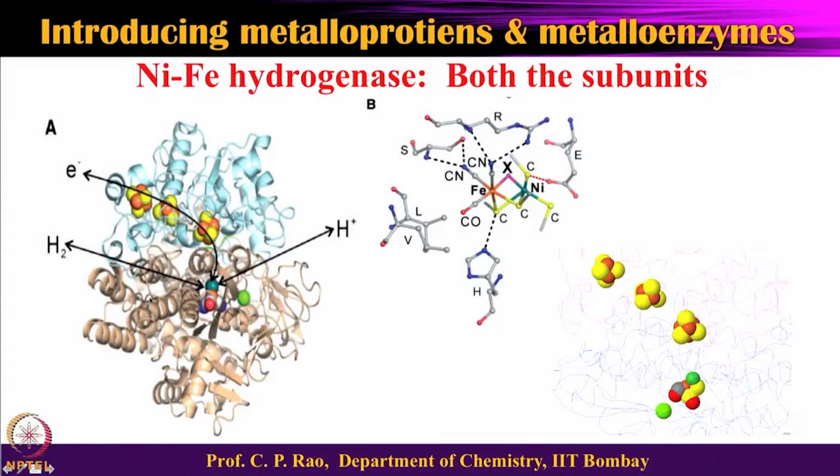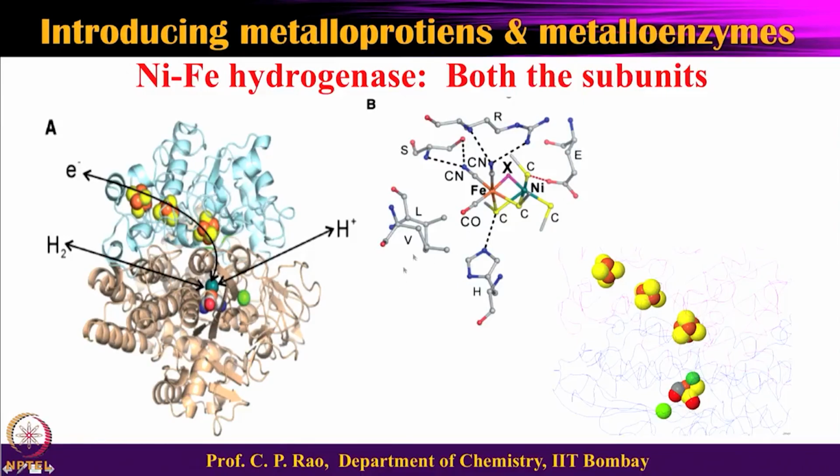As I mentioned earlier, nickel hydrogenase has two parts. One is a smaller subunit, another is a large subunit. So, you have about 30 kilodalton and around 60 kilodalton. You can see this is roughly double. Now, in the bigger one, you see a kind of cluster. What is this cluster?